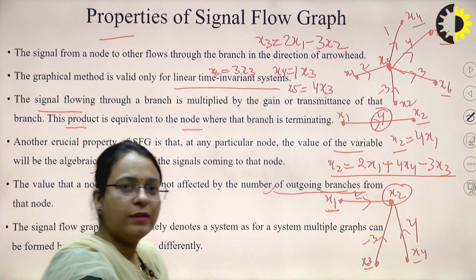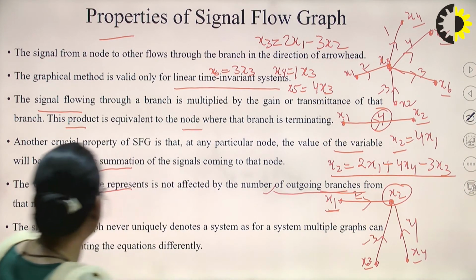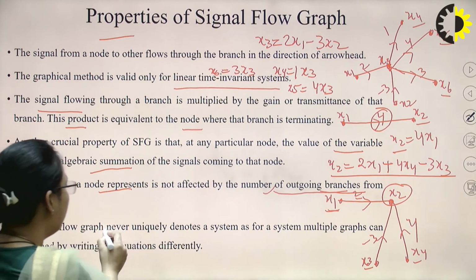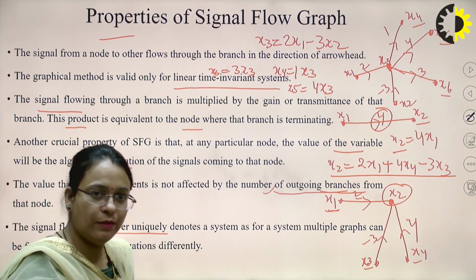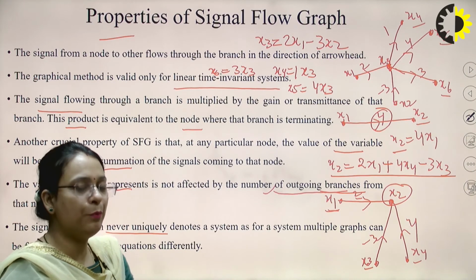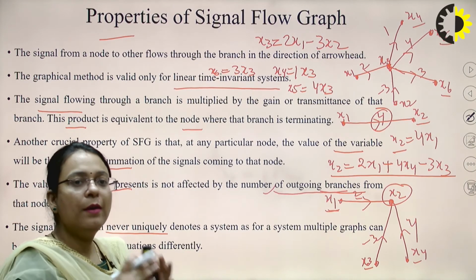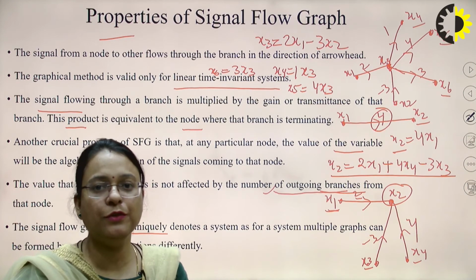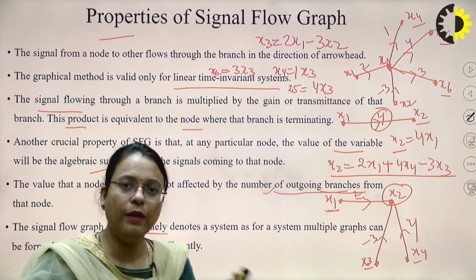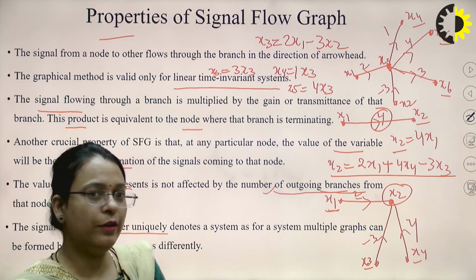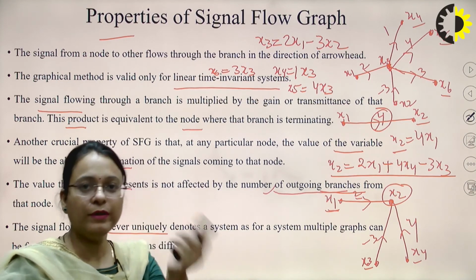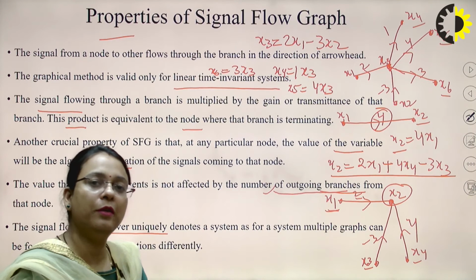Hope my point is clear to you. The next point is that the signal flow graph is not a unilateral property of the system. It's not a unique property of a system, because by writing the equations in different manners, we can draw a number of SFGs of a particular system. So it is not a unique property, while the block diagram is a unilateral property of a particular system.